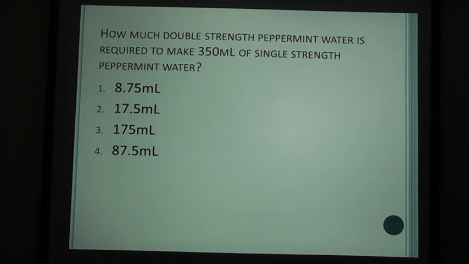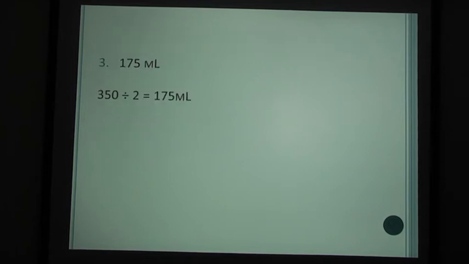Okay, now remembering here that the relationship between double strength peppermint water and single strength peppermint water is 1 in 2 because it's half. So all you have to do is 350 divided by 2 and you get 175 mils.